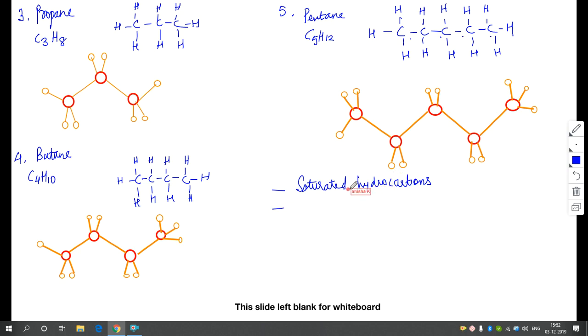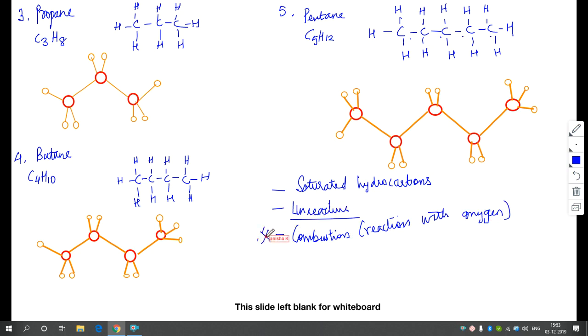Because they are saturated hydrocarbons, they are relatively unreactive. Alkanes are reactive only with oxygen, which we call combustion.